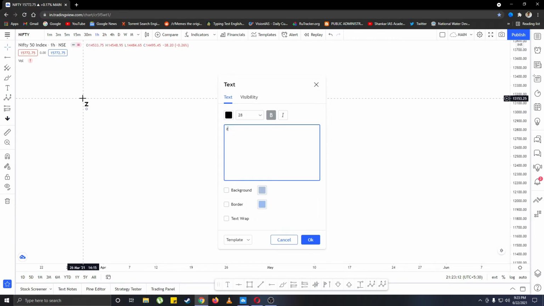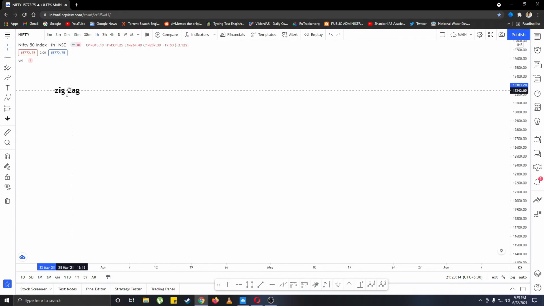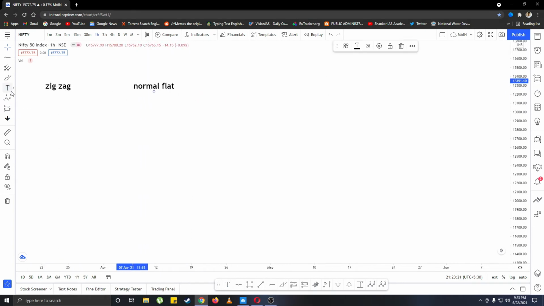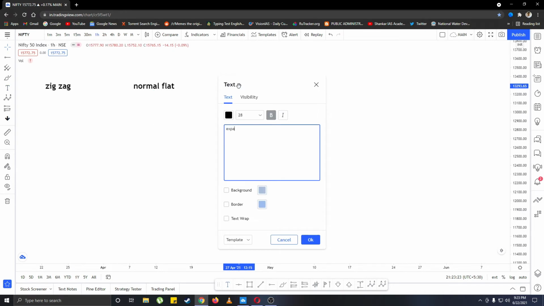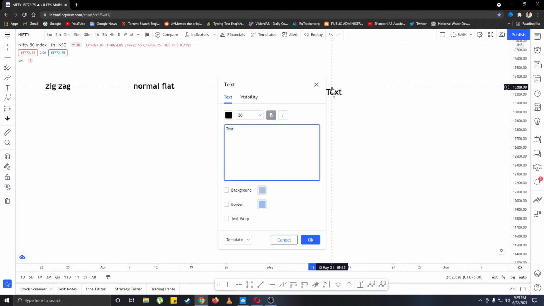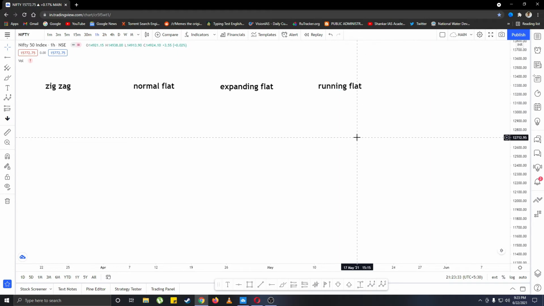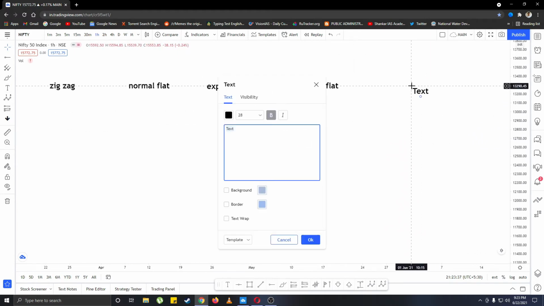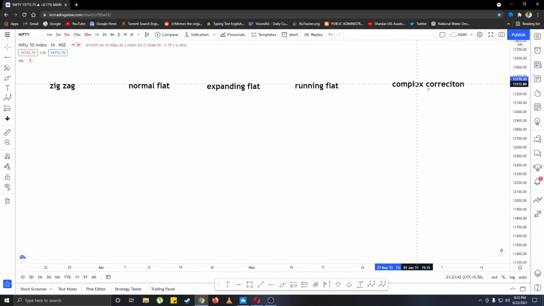We'll have a zigzag correction, a normal flat, an expanding flat, a running flat, and then we have a complex correction. Now these are the types of corrections.